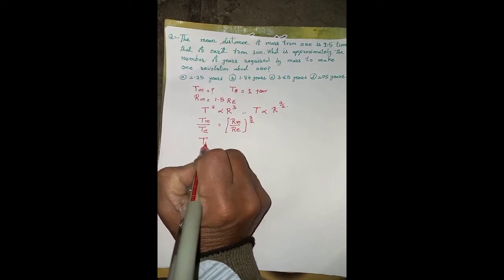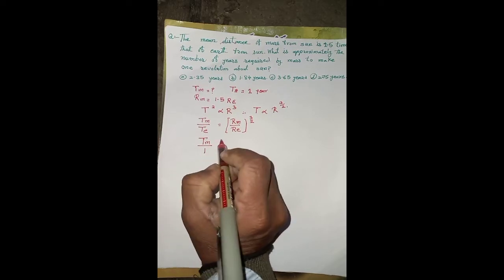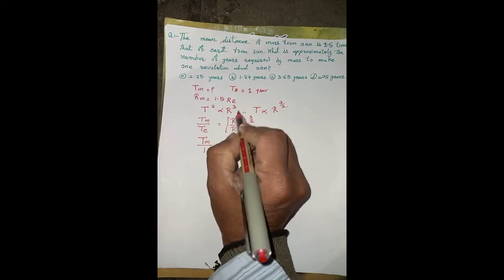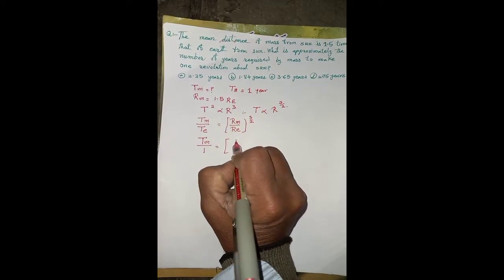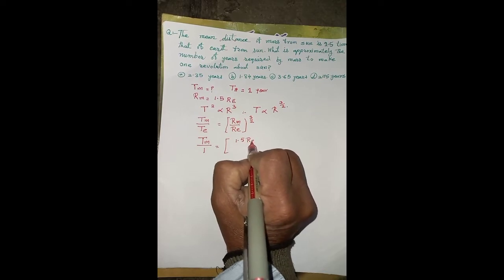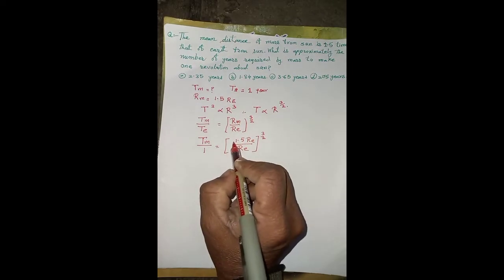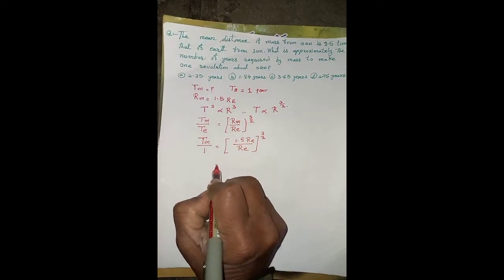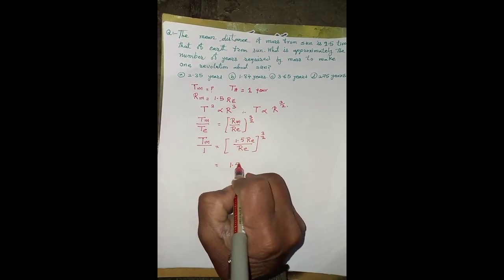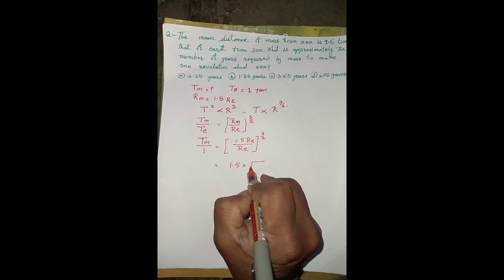Tm upon 1 is equal to 1.5 Re upon Re raised to 3 by 2. Power 3 by 2, that is 1 and 1 half, that is next step 1.5 into square root 1.5.